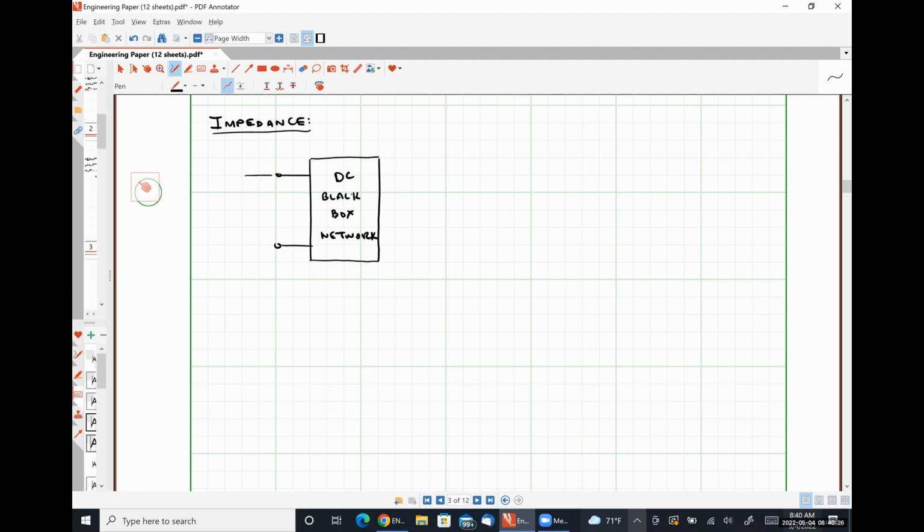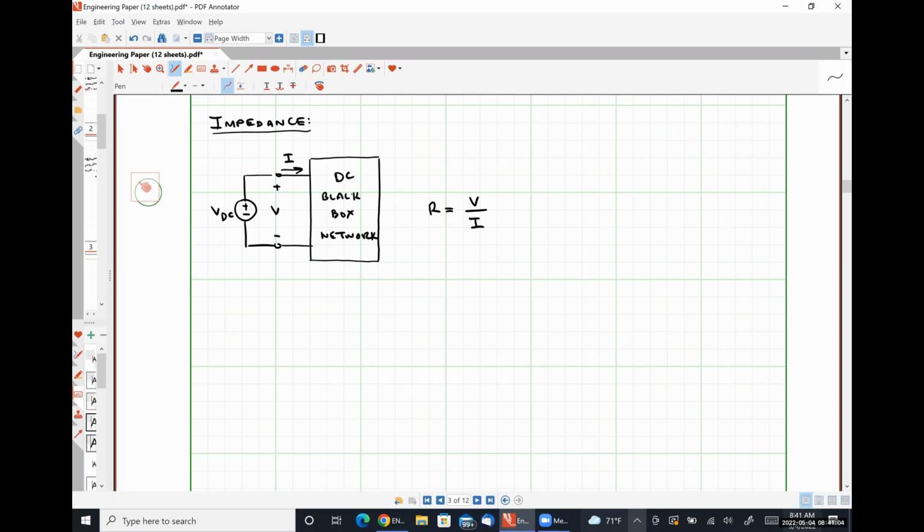And we applied some DC voltage. If we measured the voltage drop across the terminals of our network, and we measured the current flowing into our network, we found that resistance R was simply the ratio of the voltage across the terminals of the network divided by the current flowing through the network.